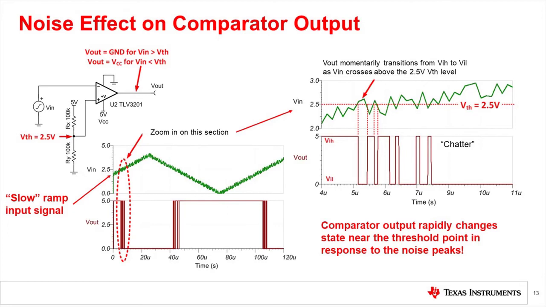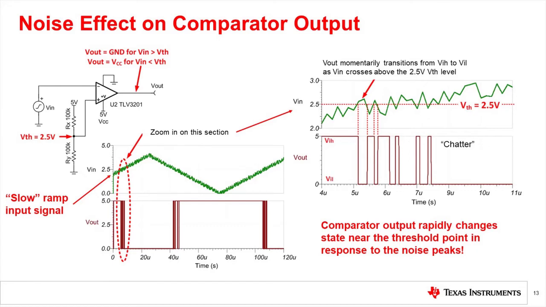Sensitivity to noise can be reduced through the application of what we call hysteresis. Hysteresis is a form of positive feedback that creates two distinct threshold levels. The first threshold is set for when the input is increasing, and the second is set for when the input is decreasing.